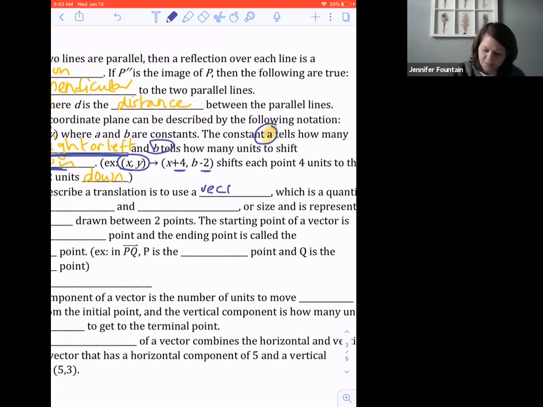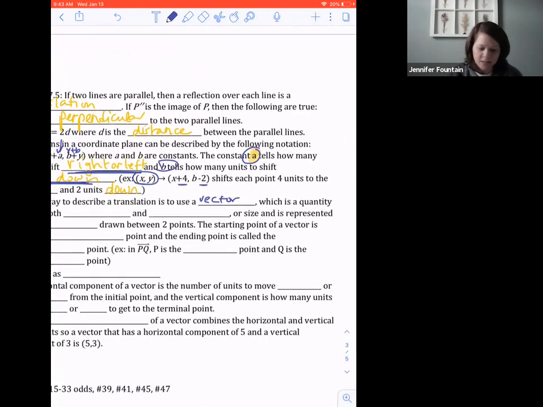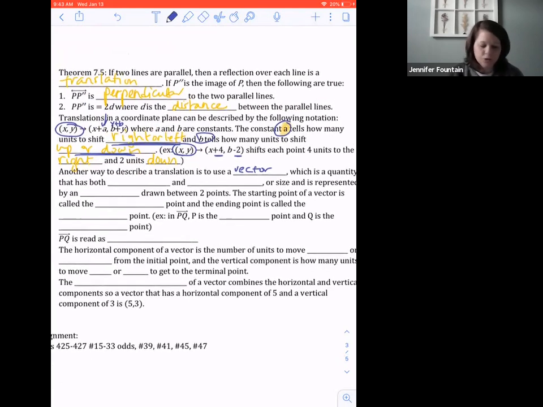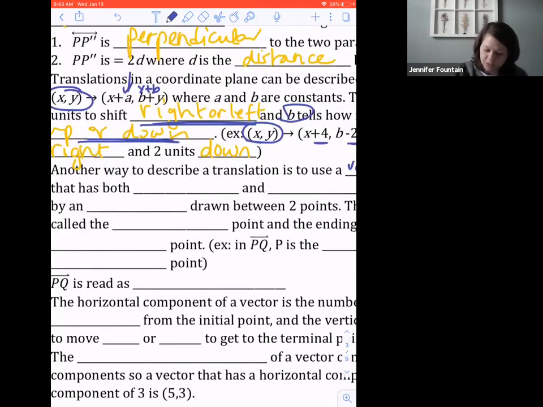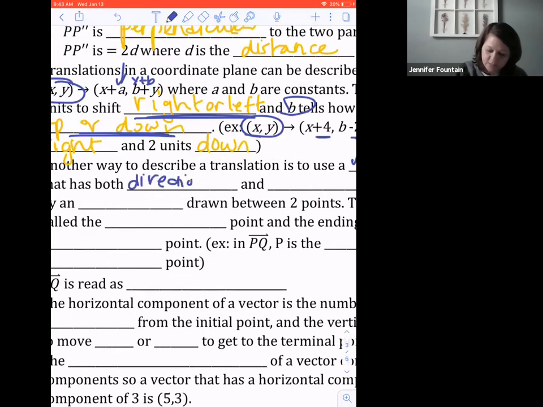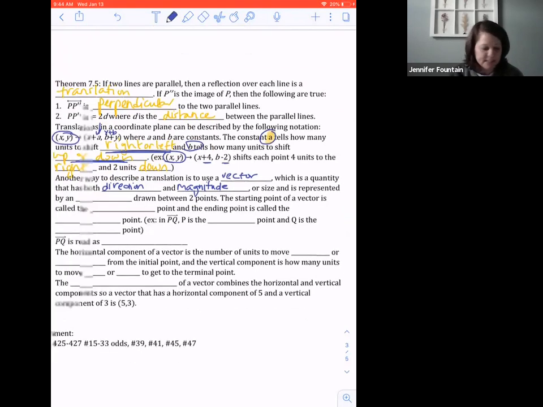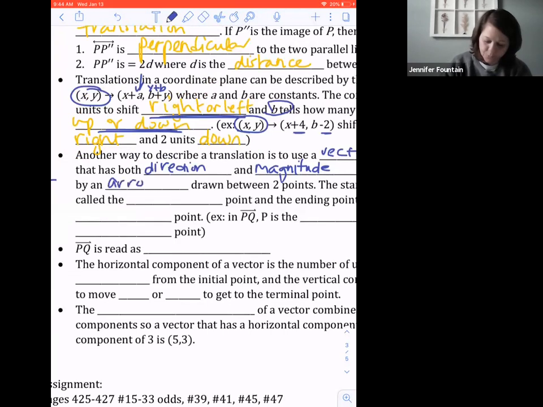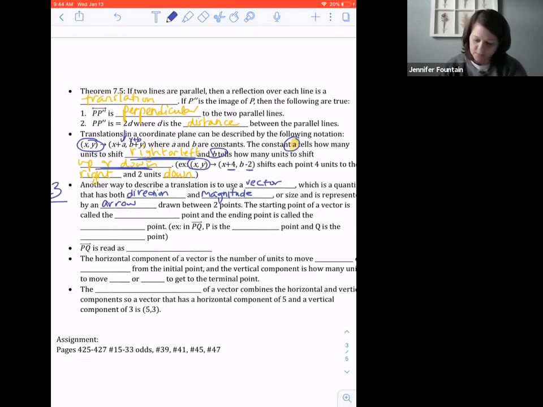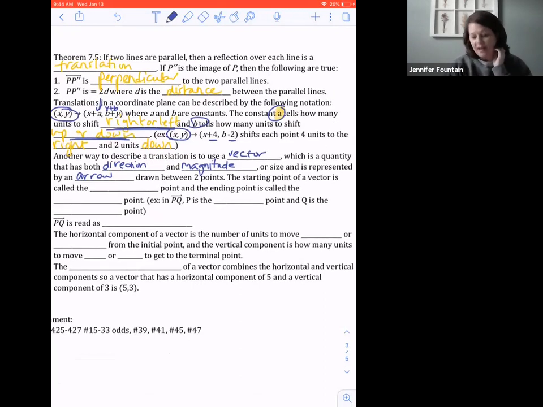So the word here is vector, which is a quantity that has both direction and magnitude, or size, and is represented by an arrow drawn between 2 points. My vector has both direction and magnitude. Another way to describe magnitude is size. And we represent it with an arrow.